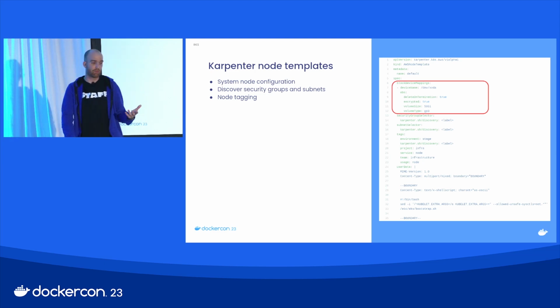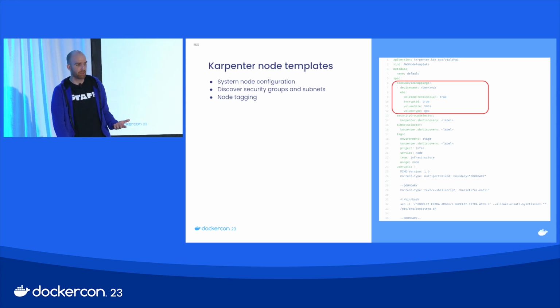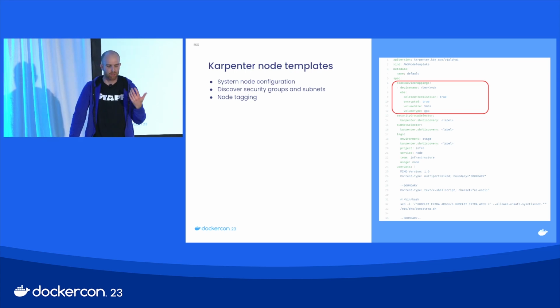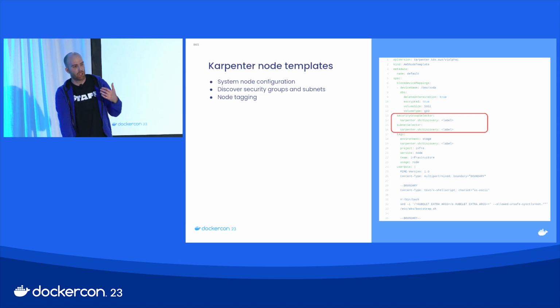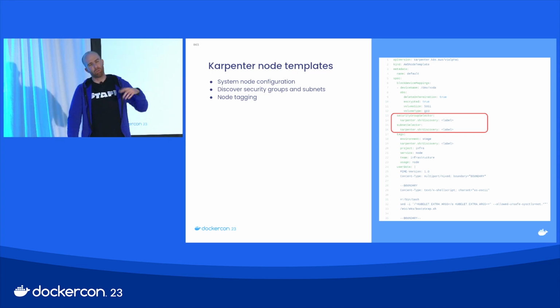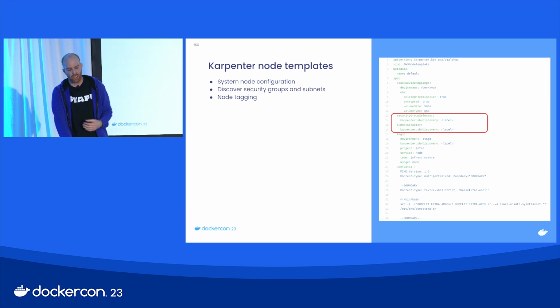So here we define the disk. We want a bigger disk or you will have issues. You can specify how it will connect to the security group, to the subnets. So here it will discover them with some labels, maybe more some tags, and with these tags it will discover the good ID, etc.